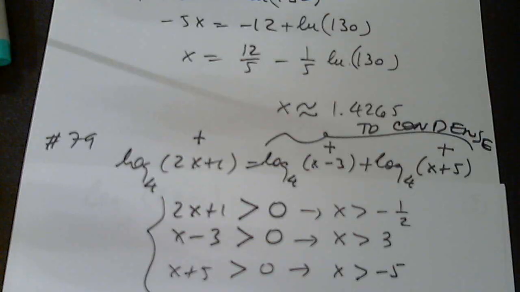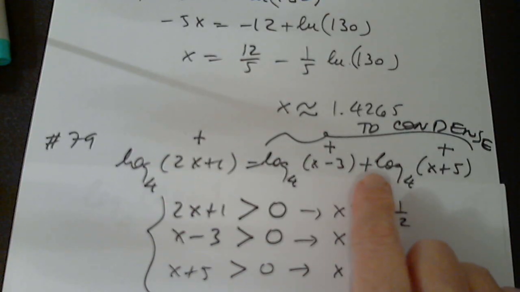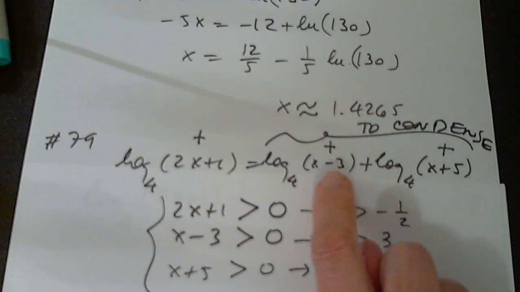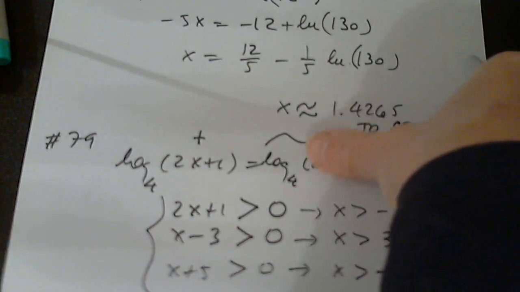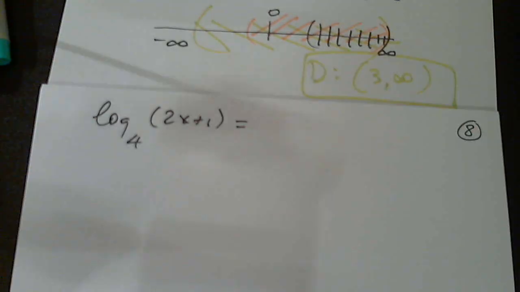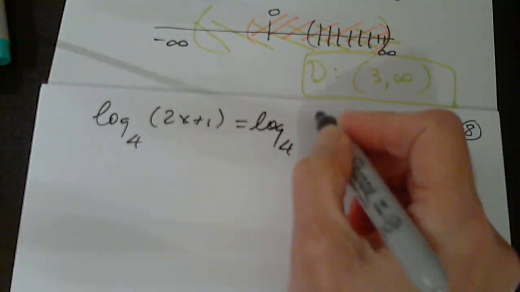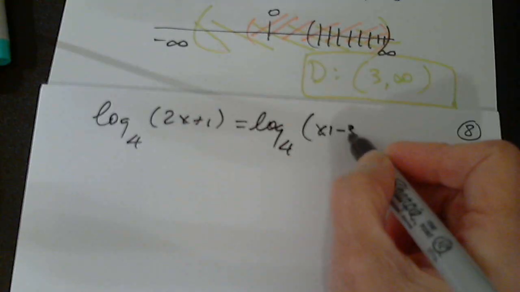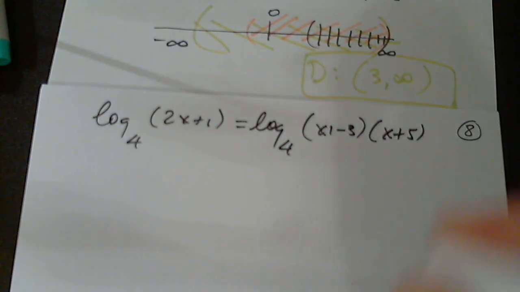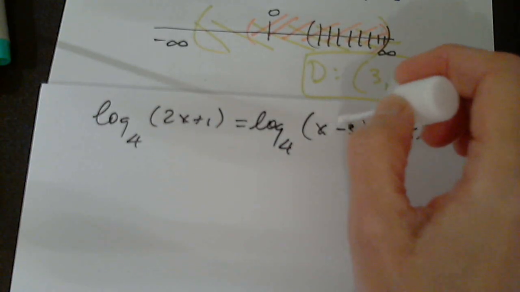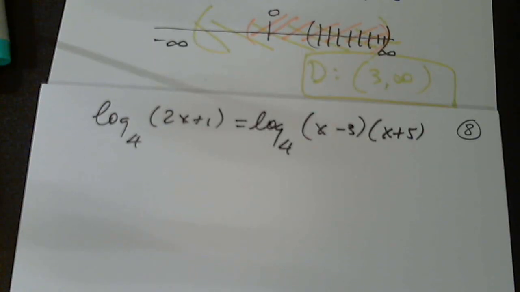Would it be division? Careful. When there is subtraction, yes. When there is addition, multiplication. Indeed, exactly. Very good. So this will be log base 4 of x minus 3 and x plus 5. Exactly. So now, I stop and I ask myself the following question.